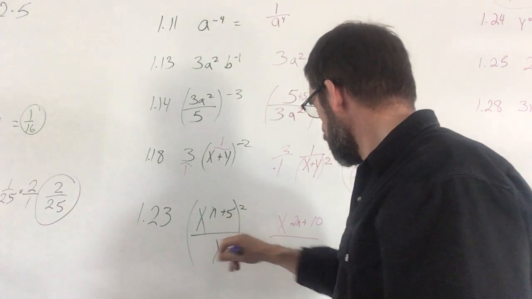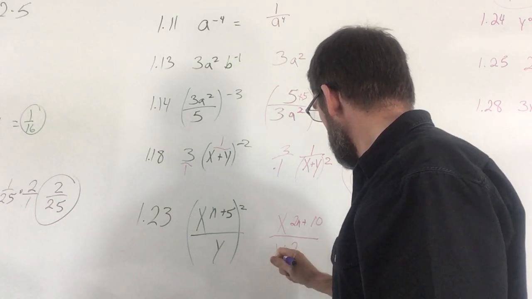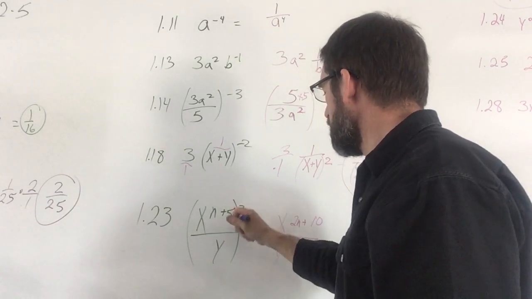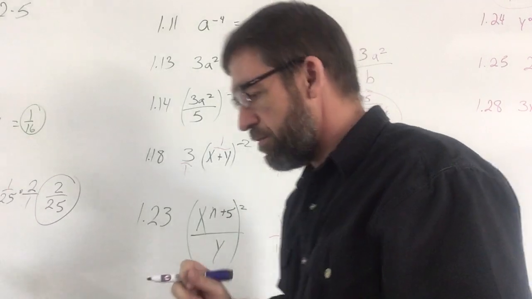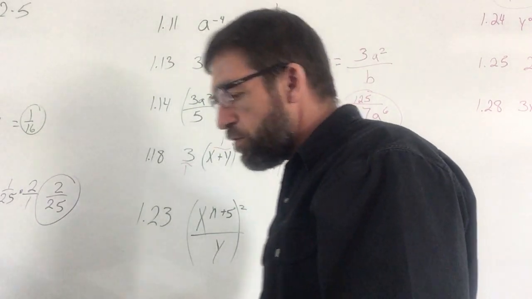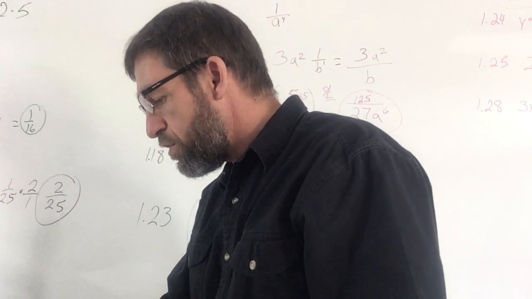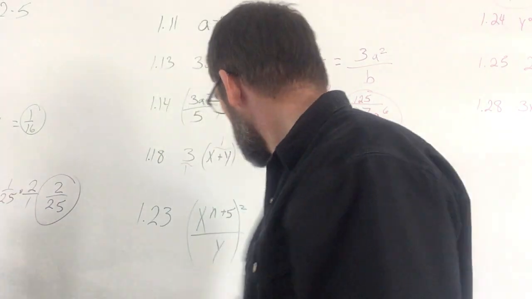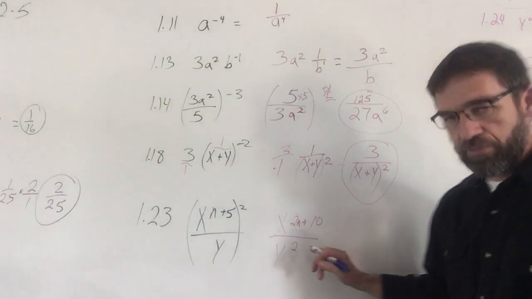And then I think I put a 2y here yet. 2 times 5 is 10, 2n. Let me check that to be sure I did that right. I was doing 1.23, 1.23 is 2n plus 10 y squared, that's right.